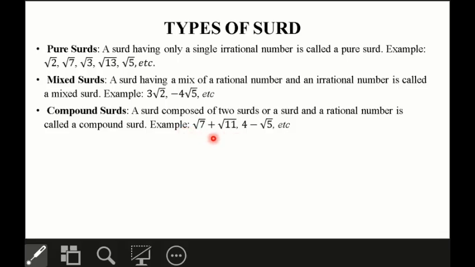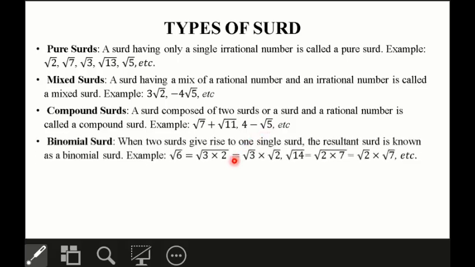So this is an example of what? A compound set. Or a compound set contains a rational number and an irrational number, right? Good. So the rational number part in the second example, we have 4 minus the root of 5. So 4 is the rational part. And the negative root of 5, that is the root of 5, becomes what? The irrational what? Part or the set part. Good.